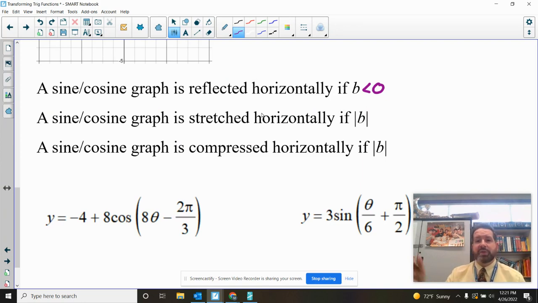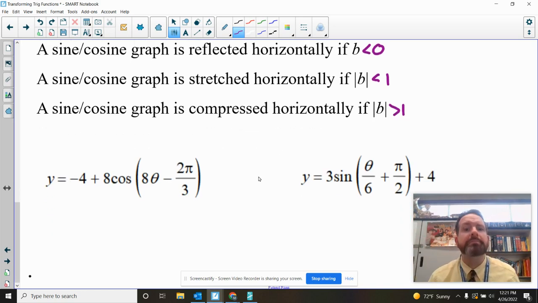Your graph gets stretched horizontally if b is small, so if the absolute value is less than 1. A small decimal or fraction multiplied inside means it takes longer to get through a complete cycle, so the cycle is longer. If your b value is greater than 1, then you're multiplying your x by a bigger number. It gets big faster. You go through your cycles faster.